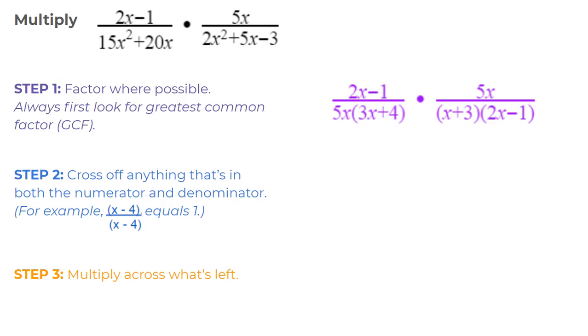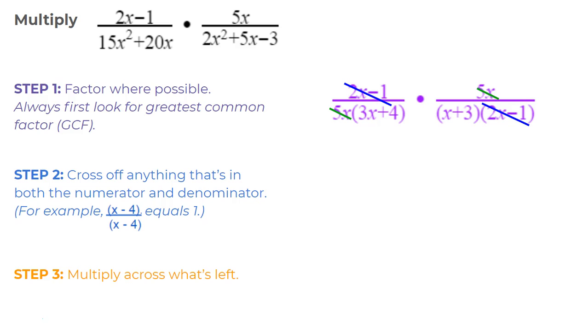So in this case, notice that there's a 2x minus 1 in the top and a 2x minus 1 in the bottom. So let's cancel those out. There's also a 5x in the top and a 5x in the bottom. So we can cross those off as well. Because again, anything divided by itself is 1. And there's nothing else that it looks as though I can cancel out.